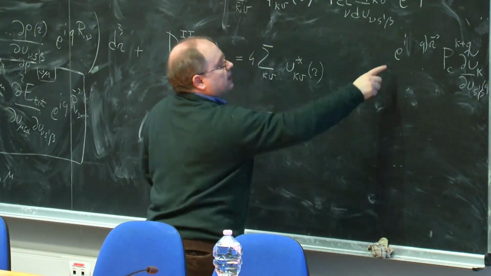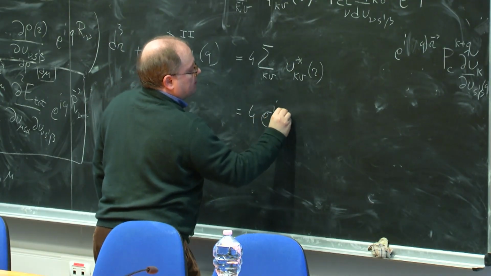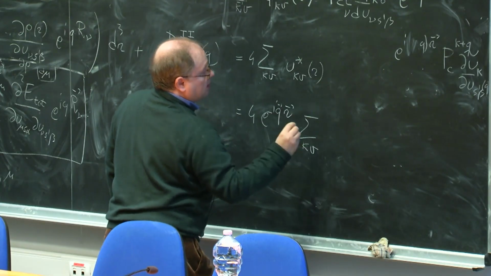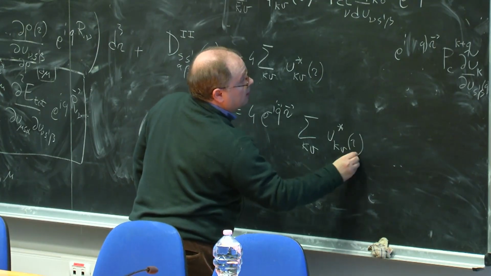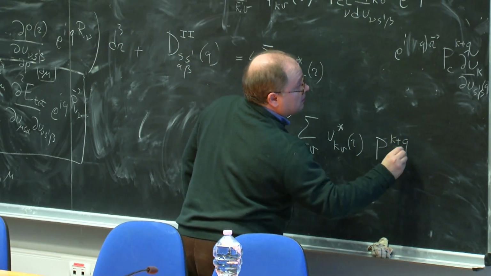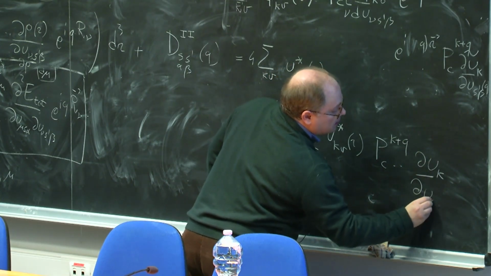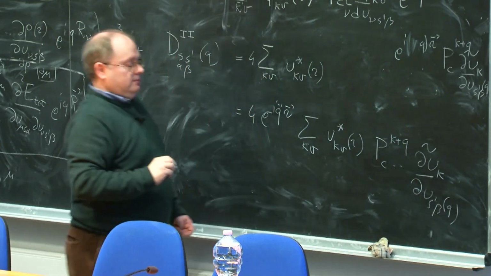And we will end up with e to the i Q R, sum over K V, u K V star of R, the periodic part of K plus Q, du K over du S prime beta of Q, periodic part.